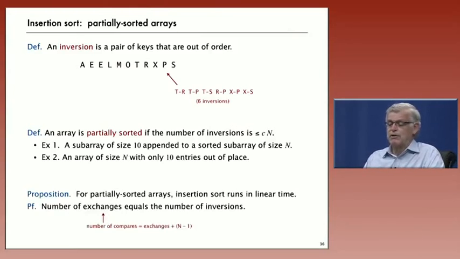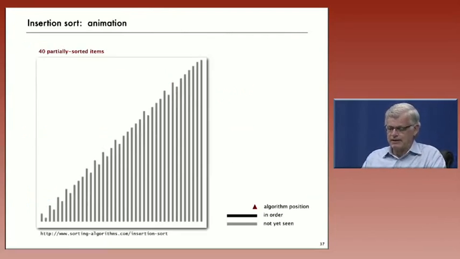And what's interesting about insertion sort is that it runs in linear time for partially sorted arrays. The proof is that the number of comparisons and the number of exchanges is equal to the number of inversions, and then there's an extra compare for every element except the first. So let's look at how that looks in the animation.